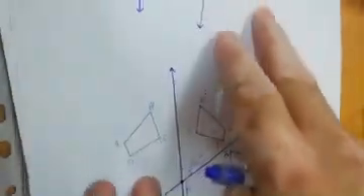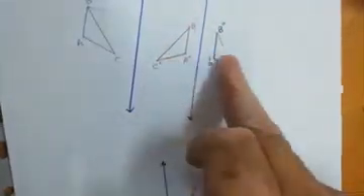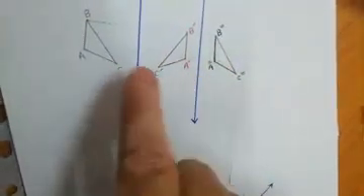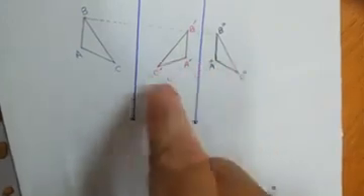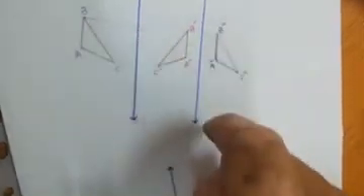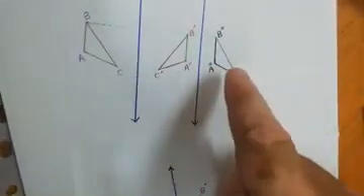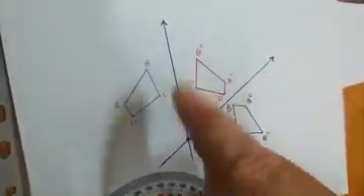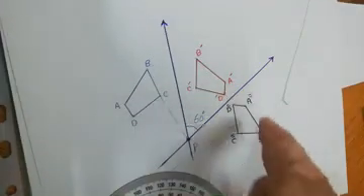And here, the first theorem, you got a translation from two reflections across two parallel lines. If you make two reflections across two intersecting lines, you will get a rotation.